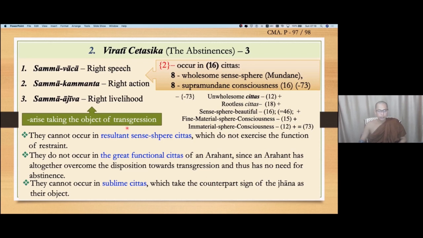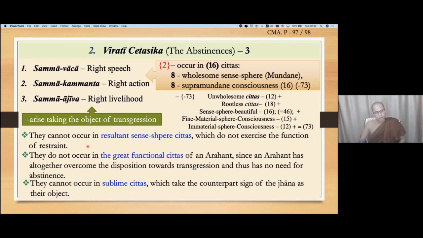That is why the abstaining mental factors and sublime consciousness have different objects. So according to the nature of consciousness, the consciousness can take a single object at one time. That is why if they have different objects, they cannot arise at the same time.